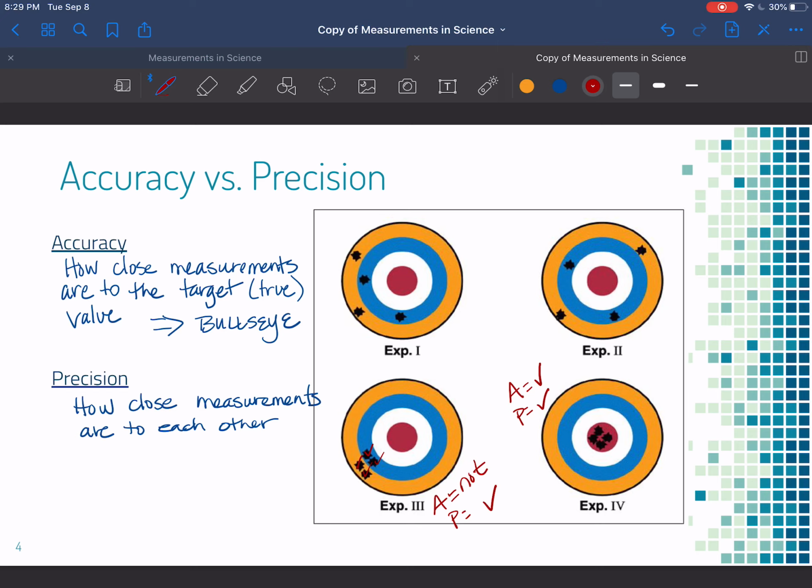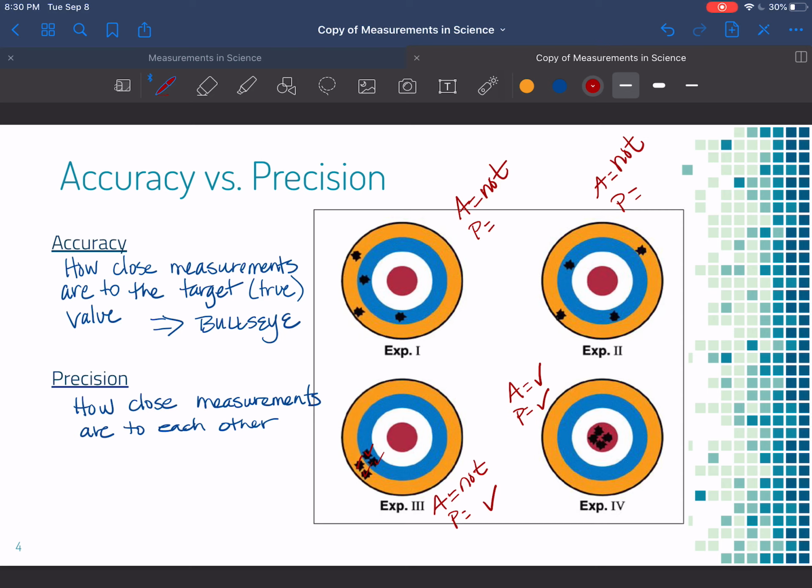If we look at examples 1 and 2 and we evaluate those two in terms of accuracy and precision, it doesn't matter what we start with. I think that we can both agree that the darts in example 1 and the darts in example 2 are not accurate, right? Because they're not close to the bullseye. But if we evaluate them in terms of precision, now we've got some I don't knows going on. Let's look at example 2.